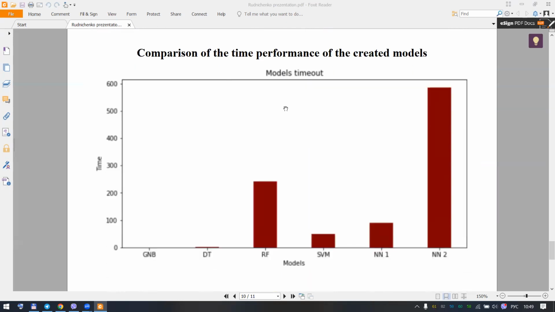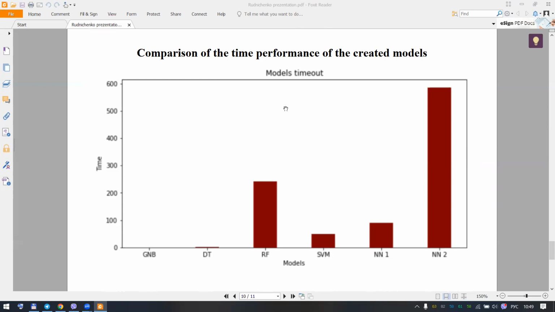On this slide, we can see a comparison of the time performance of the created models, all 6 models that we made. We can see that naive Bayes is really fast. Decision tree is another very fast model.